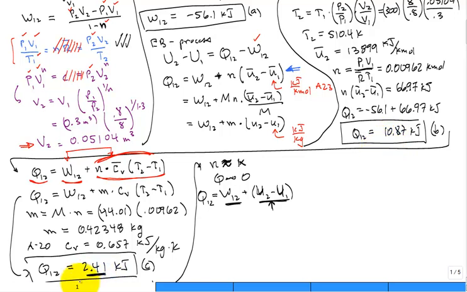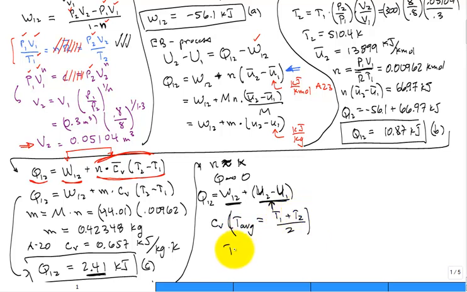Well, how do we improve it? It's not that using constant specific heat is a bad approximation, but what we should do is evaluate the specific heat at an average temperature for that process. Well, it started at T1 and ended at T2, so just take the simple average, T1 plus T2 divided by 2.